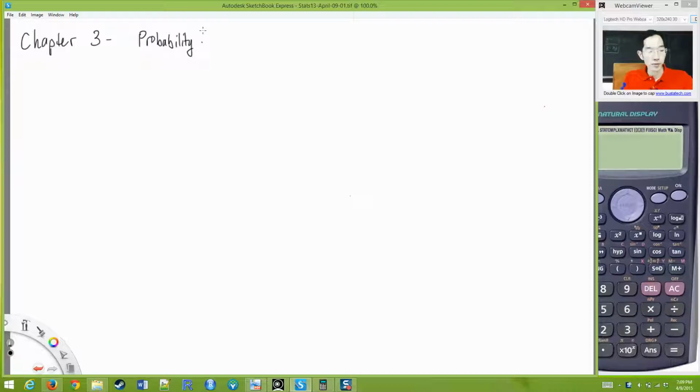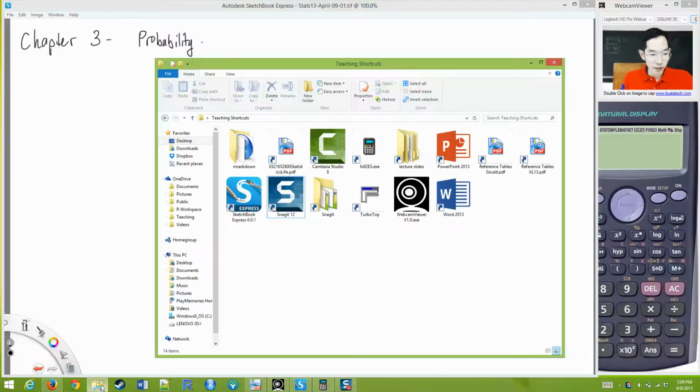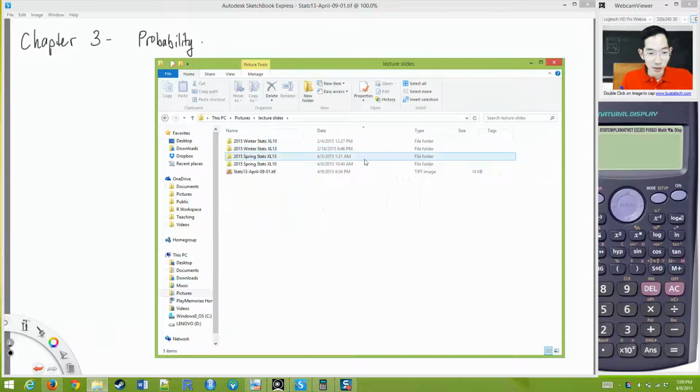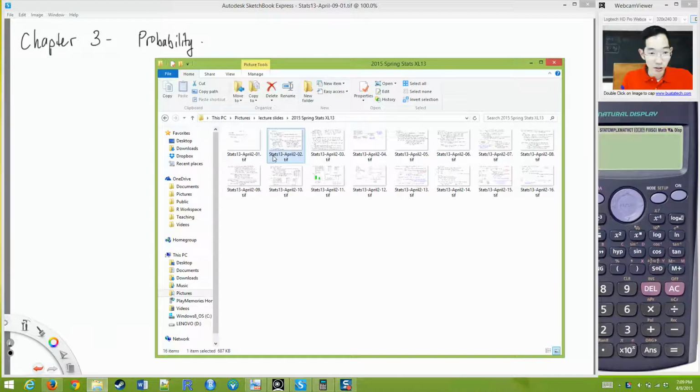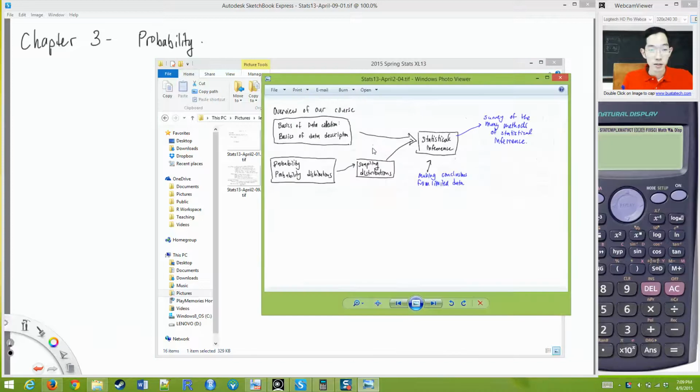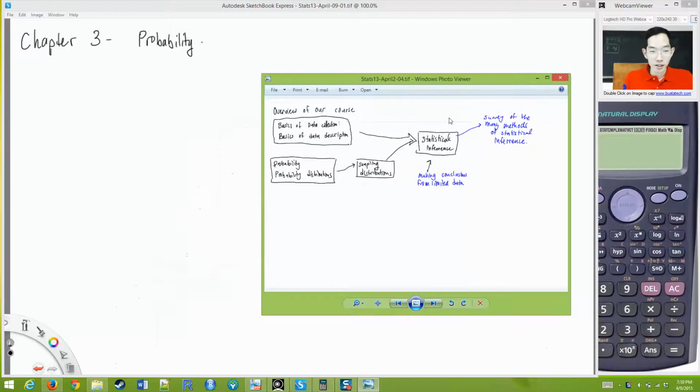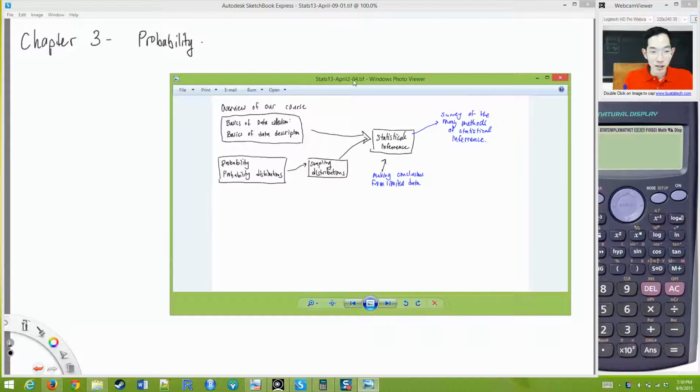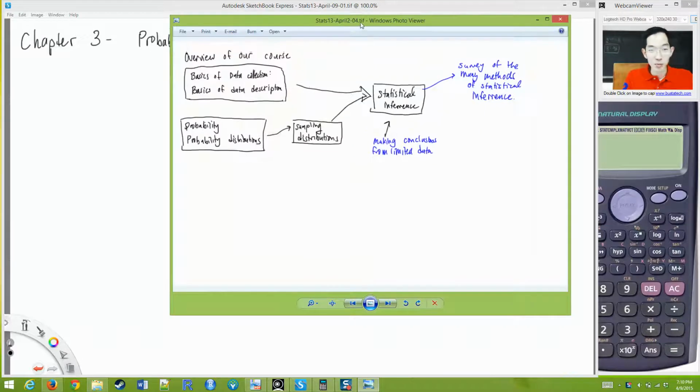Okay, so let me see if I can pull up an old lecture slide from last week. Last week we did the basics of data collection and data description.